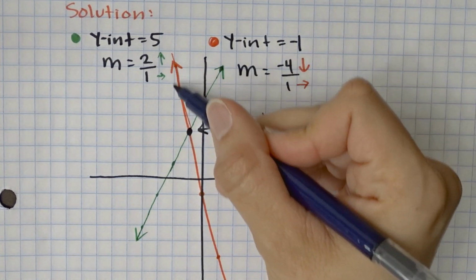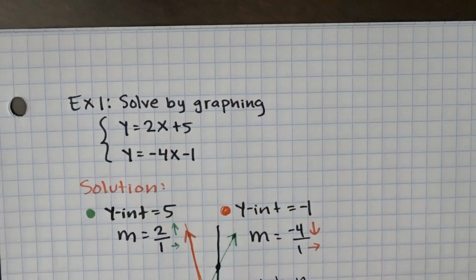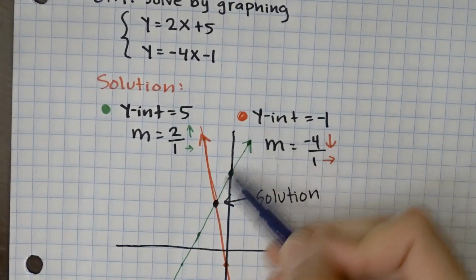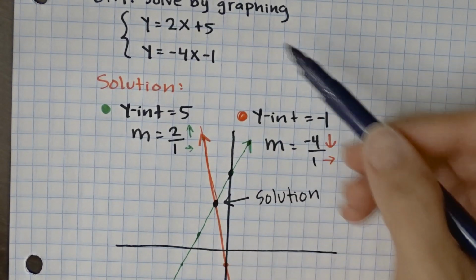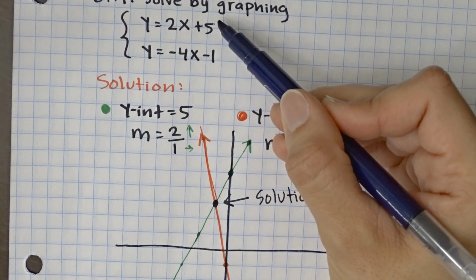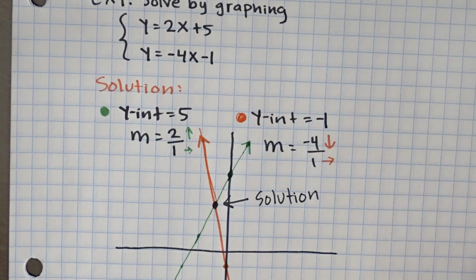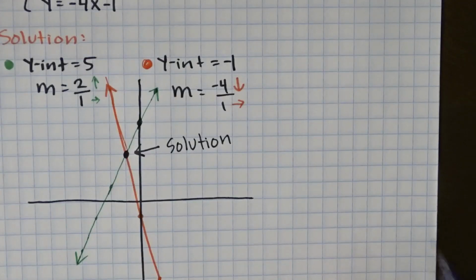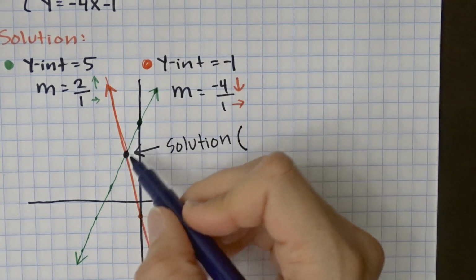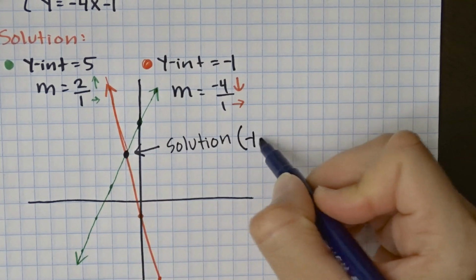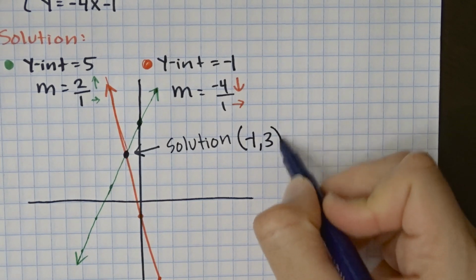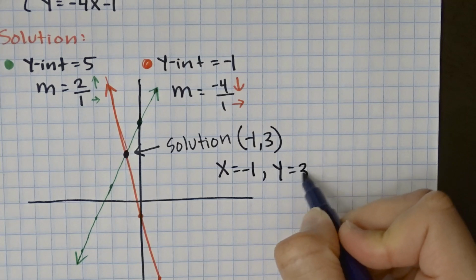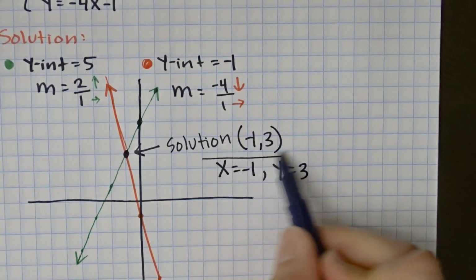Because out of all the points on this red line that satisfy this equation, and out of all the green points on this line that satisfy this equation, there's only one that they both share in common that's going to satisfy both of them at the same time, and it's this one here where they both have the same x and y, which would be -1 and 3. We can also say x equals -1 and y equals 3. So that would be your solution.